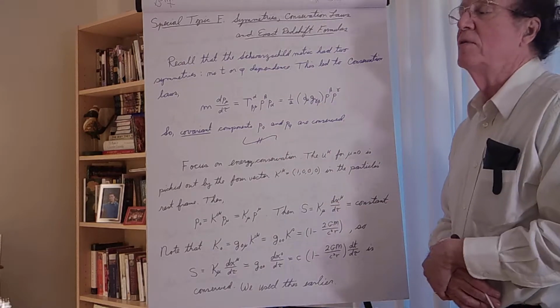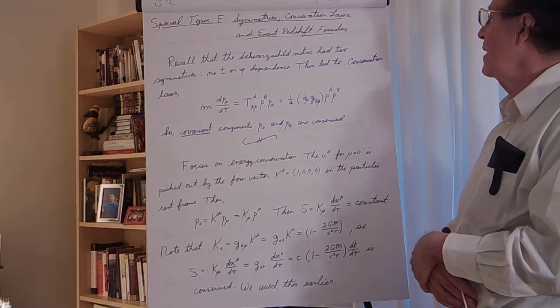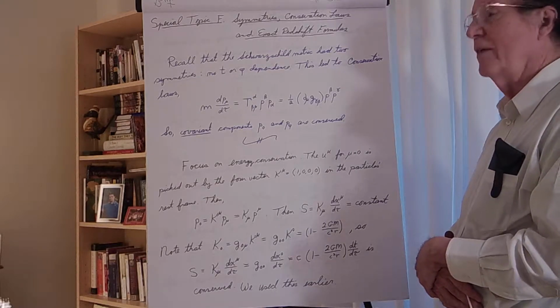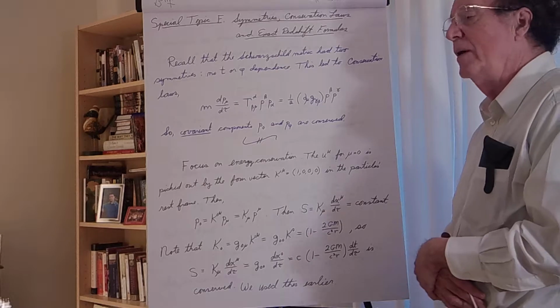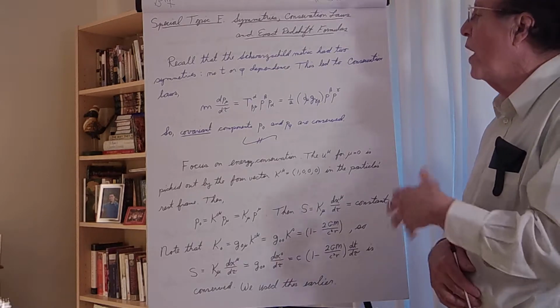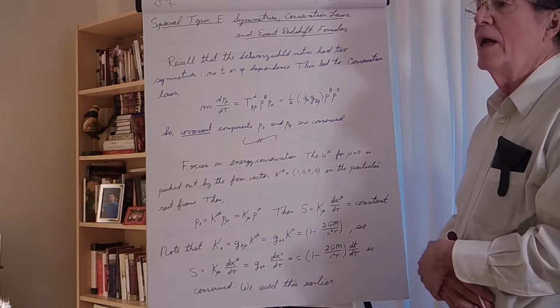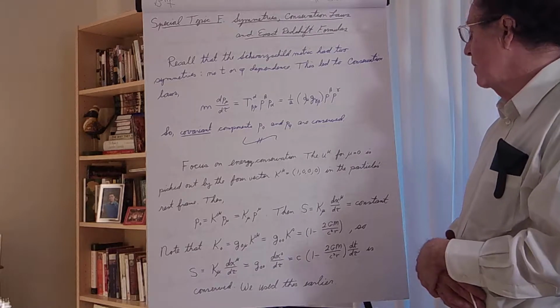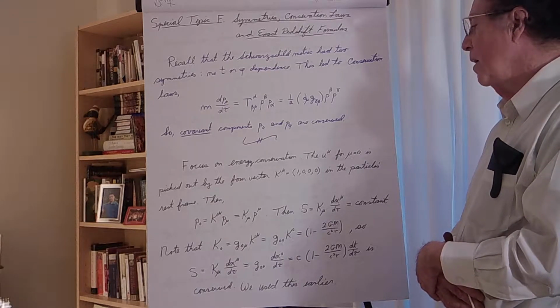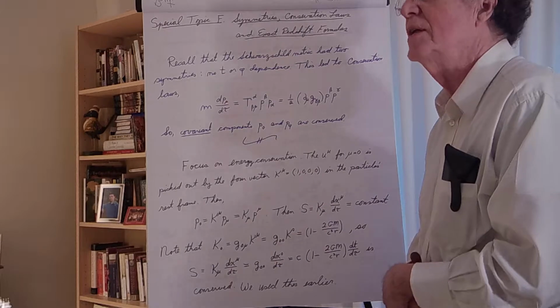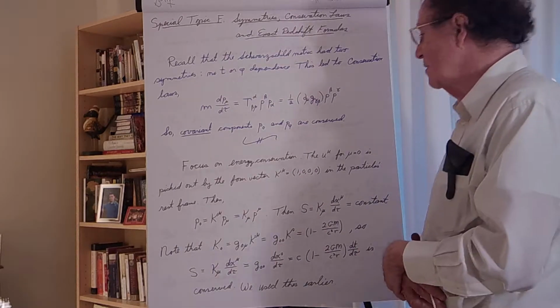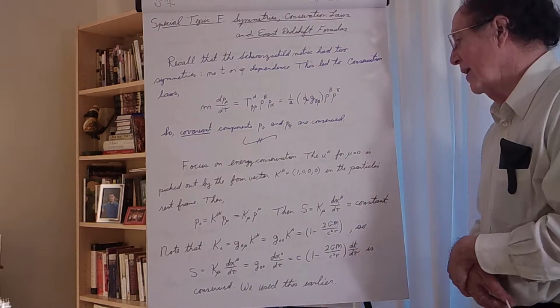But I do want to introduce some of the terminology that comes up in general relativity. In curved space-time, there's a general way of looking at these conservation laws, and it uses the work of a mathematician called Killing, and we refer to the directions in space-time for which there's a conservation law by Killing vectors.